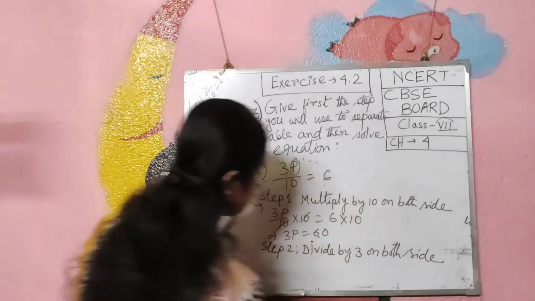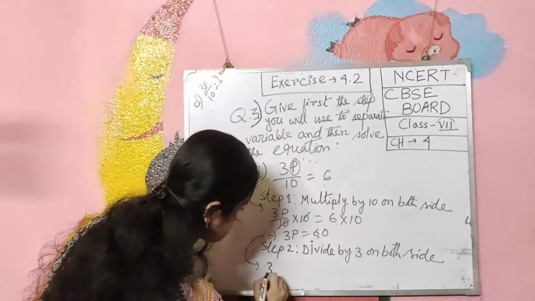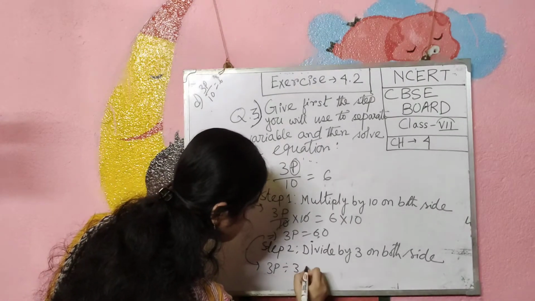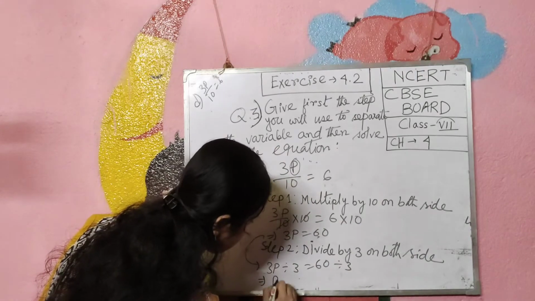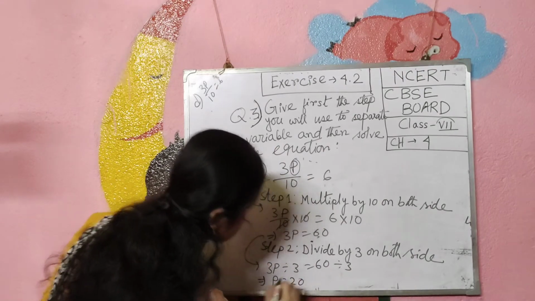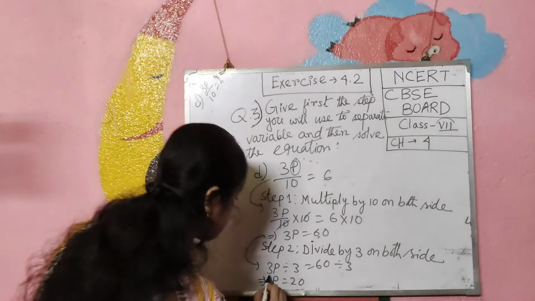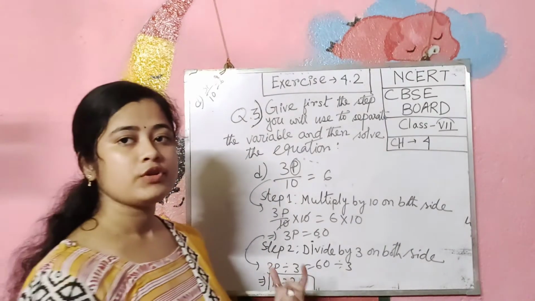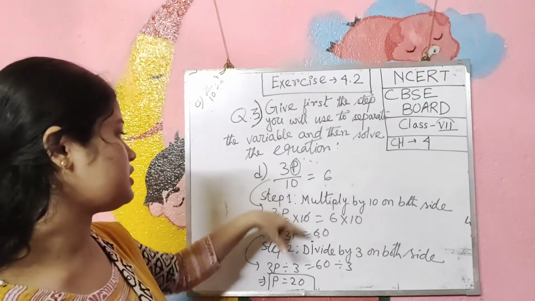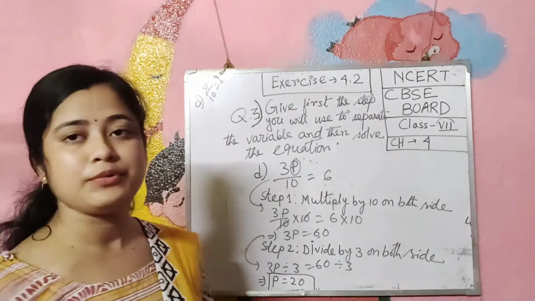So the equation will be 3p divided by 3 equals 60 divided by 3. So the answer will be p, and here the answer will be 20. So p's value is 20.